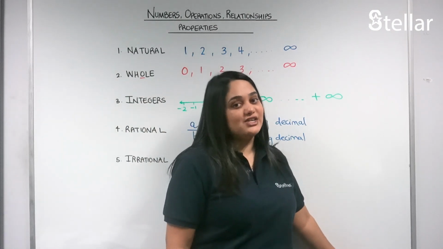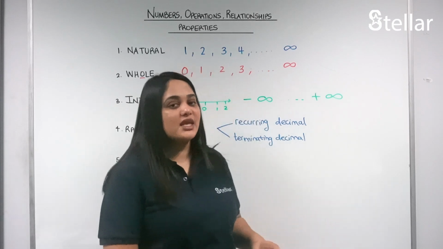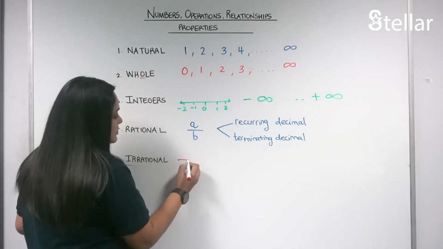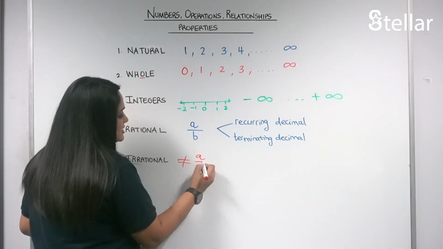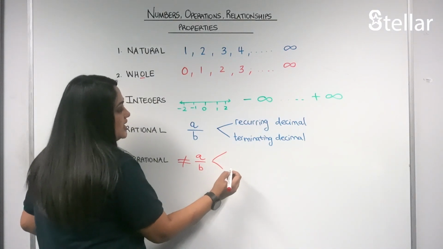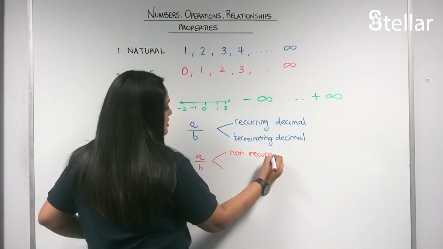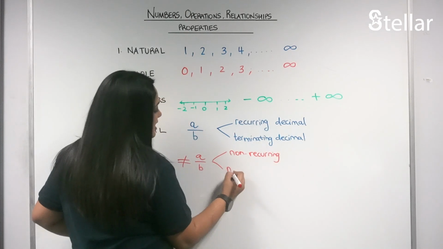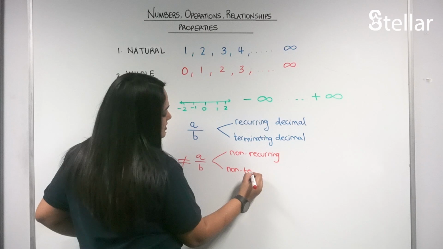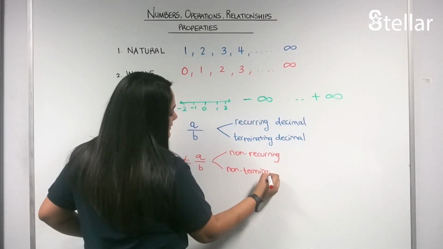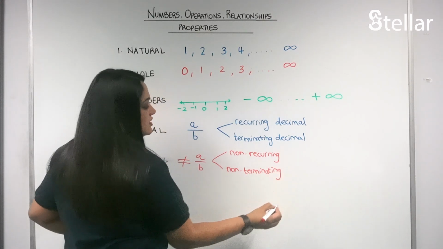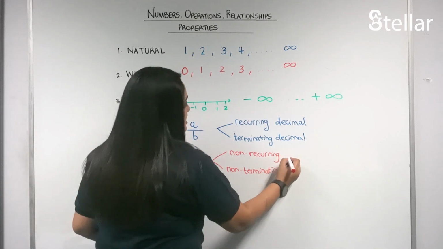Now, an irrational number is a number that cannot be written in this form. It cannot be written as A over B. It has non-recurring and non-terminating decimals.